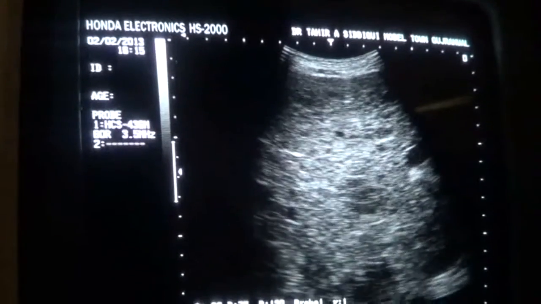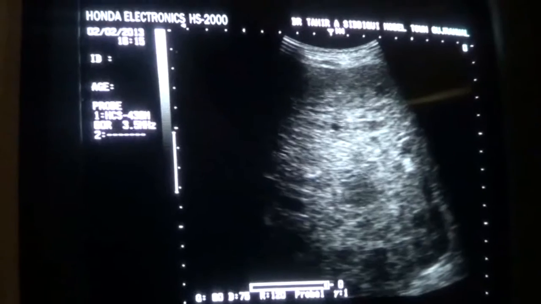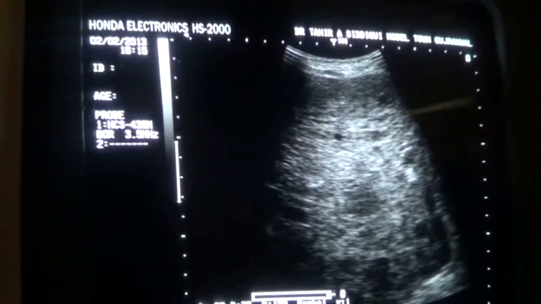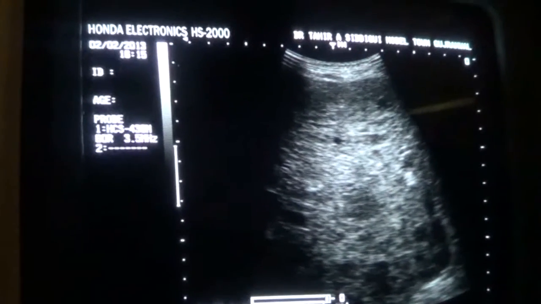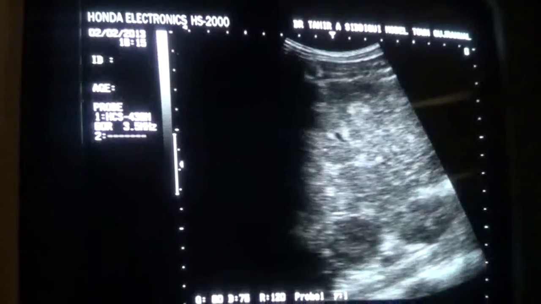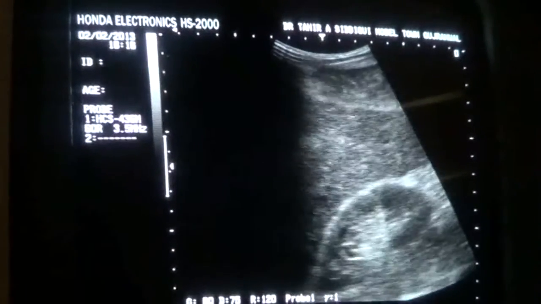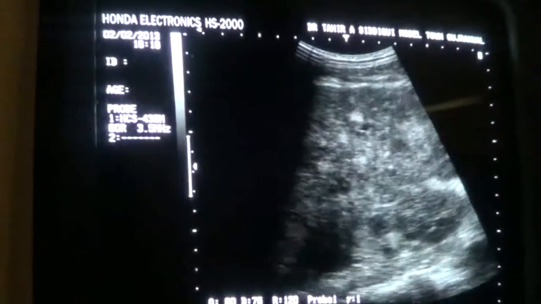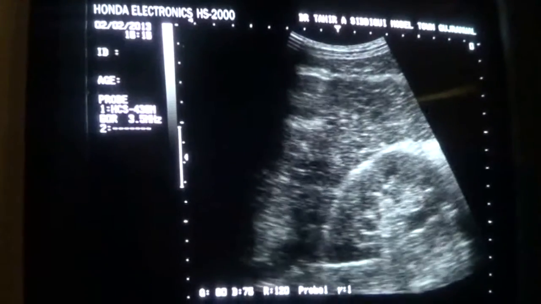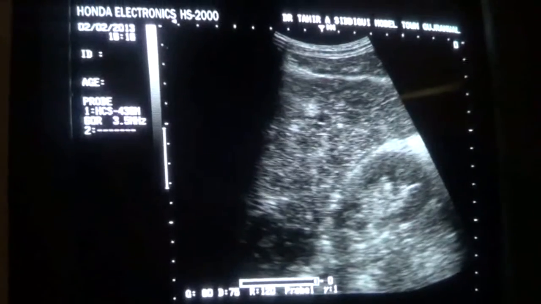Here you see this is the right lobe of the liver, again studded with numerous uncountable sub-centimeter hypoechoic lesions, and this is the kidney with the right lobe of the liver. This is the kidney, and anterior to it is the liver.